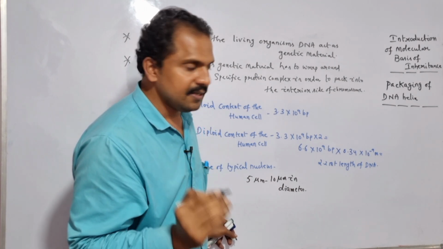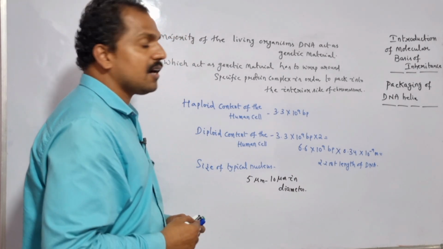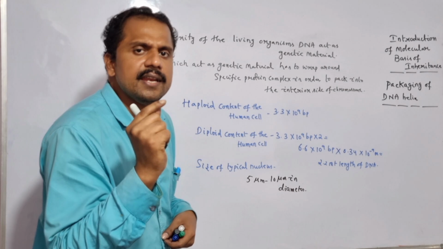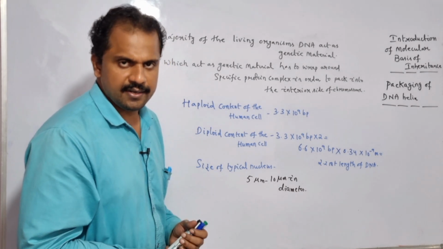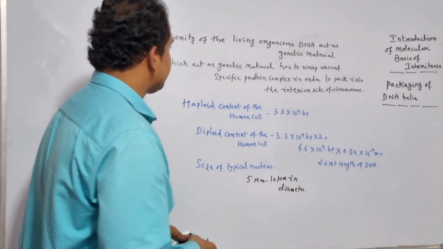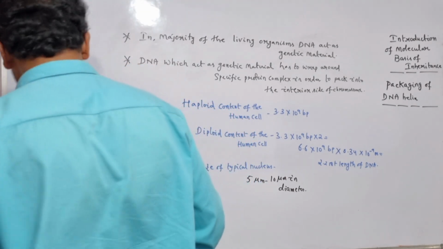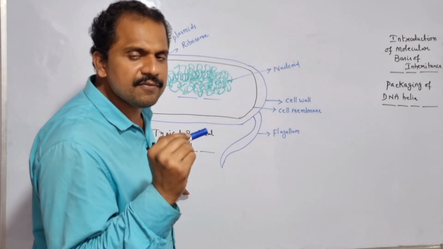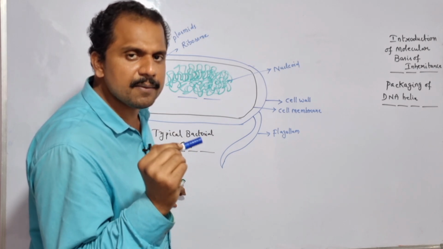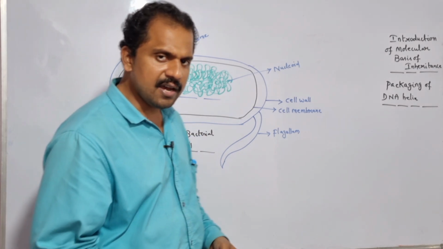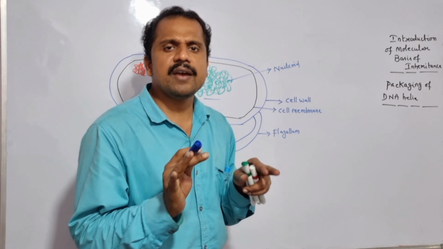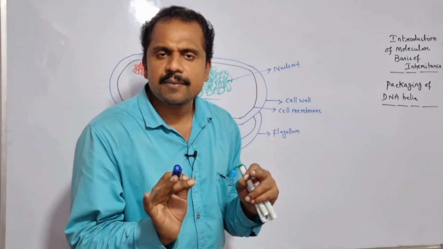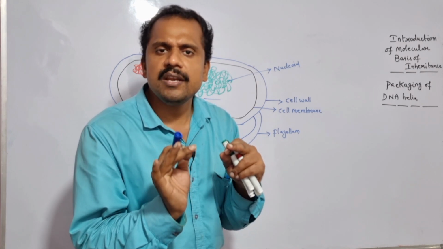Is it clear? Right now we will be studying in detail how the DNA packs into the interior of the chromosome in one particular prokaryotic cell. So let me arrange the things here. If we look at the packaging of the DNA helix in prokaryotic cells, as we all know, prokaryotes have no well-defined or complex nucleus; they have only a primitive nucleus.